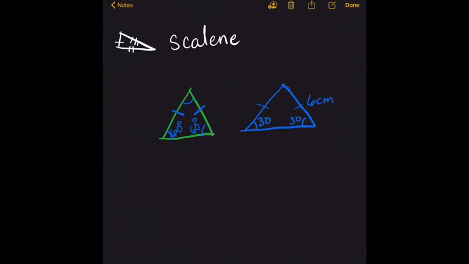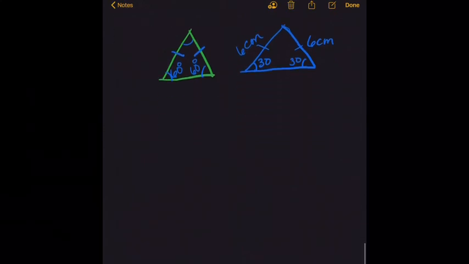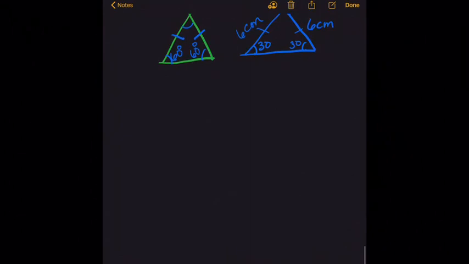How long would this side have to be? It would also have to be 6 centimeters. Okay, because the angles are the same, their opposite sides are also congruent. And we also know that the sum of angles in a triangle always add up to 180 degrees, right?